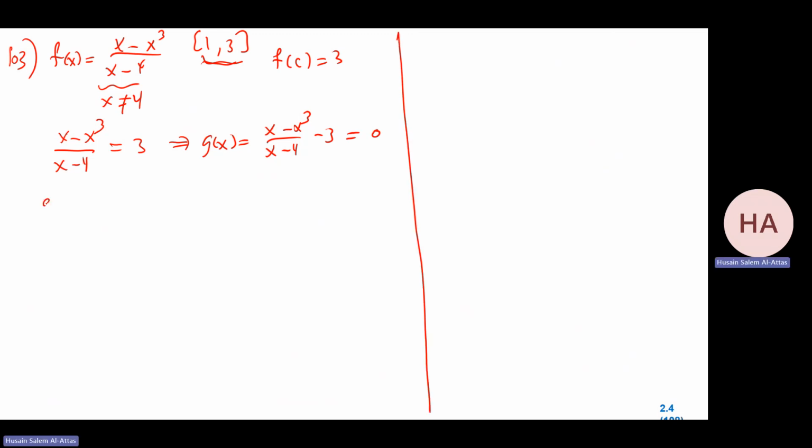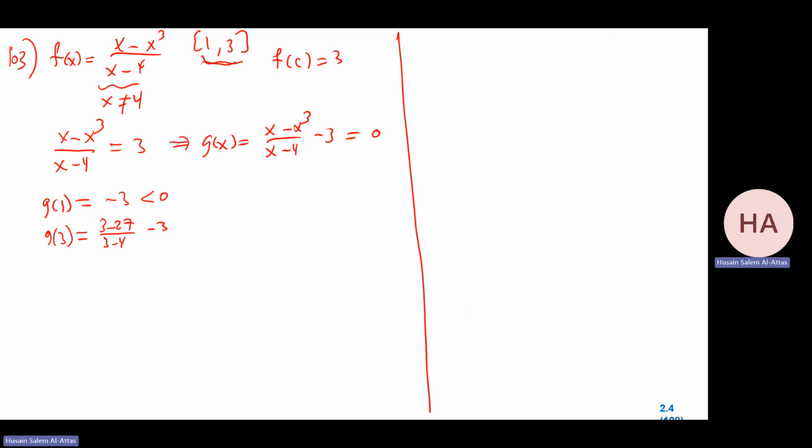Now g at 1 will be what? 1 minus 1, 0. It will be 0, so it will be minus 3, negative. g at 3 will be, not x, x is 3, 3 minus 27 over 3 minus 4, minus 3.